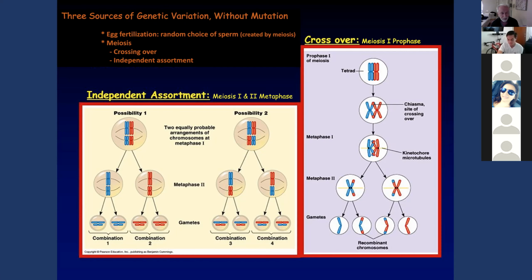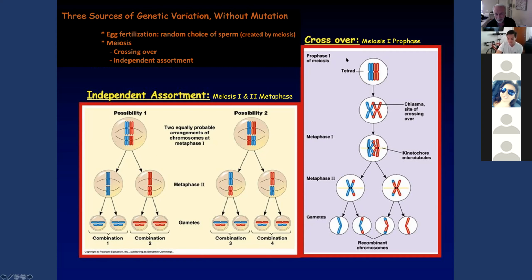And each sperm is genetically unique. So depending on which sperm does the fertilization determines the genetic composition of the embryo. So that's a source of genetic variation. The other is meiosis. And the two processes are called crossing over or recombination and independent assortment.